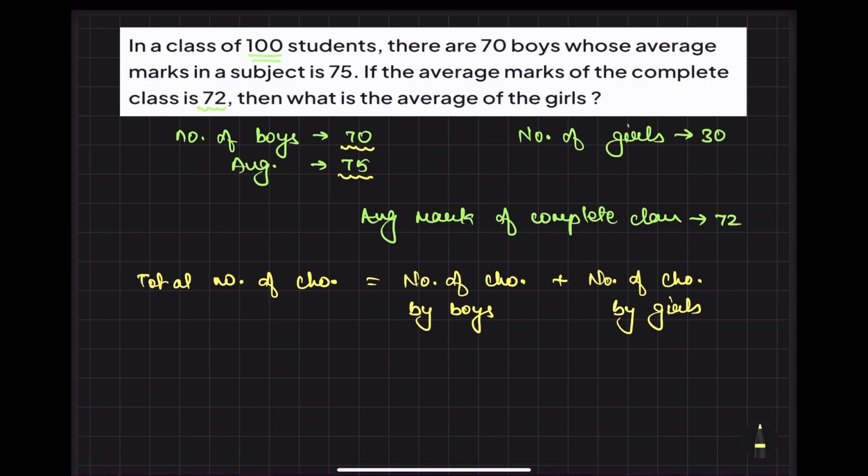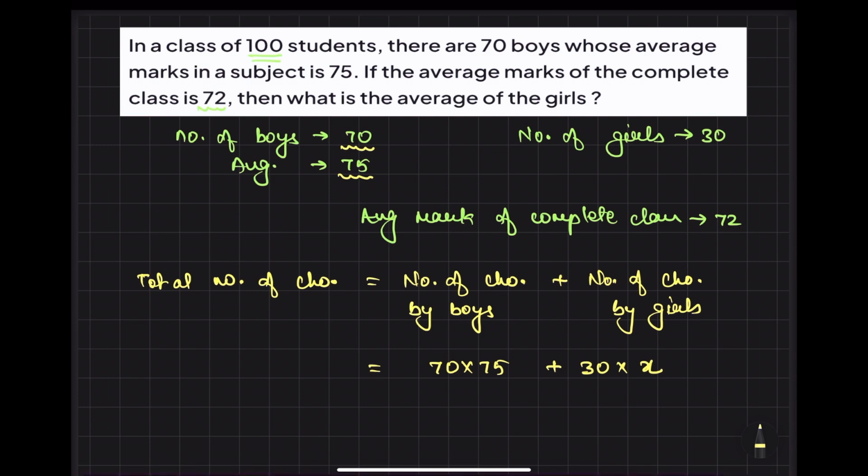So there are 70 boys and every boy is taking on average 75 chocolates. So can I say that the number of chocolates taken by boys is 70 times 75? Correct. Now we know the number of girls, but we don't know the average number of chocolates taken by girls, so we will put it as x.